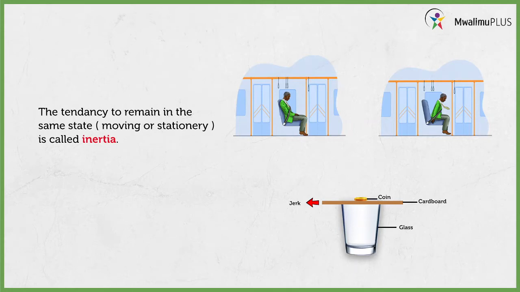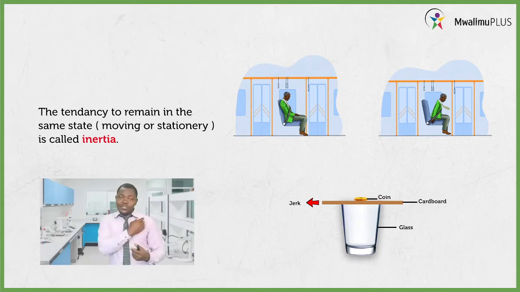The first one was in that car moving off. The second one is now when the car has stopped. So when the car is stopping, the body was in motion. So what will happen? You will lean to the front. And if you do not wear the seatbelt properly, you are likely to hit the front seat.